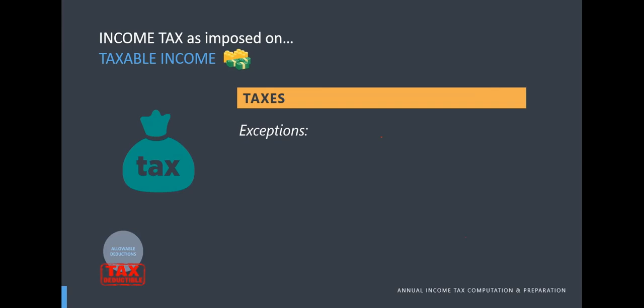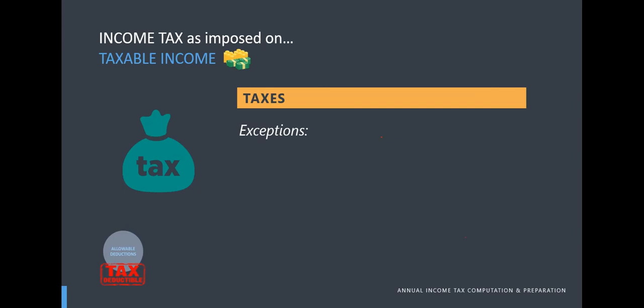These are business taxes on the taxpayer itself, not unlike VAT that is, kumbaga, passed on. VAT is passed on tax. So there is a payable. The tax is being imposed on the buyer of goods and services.